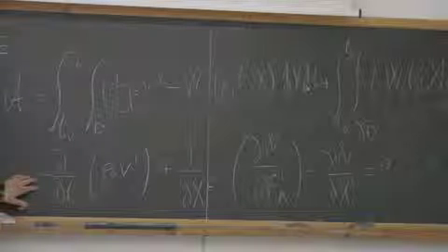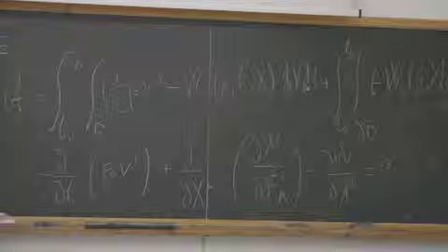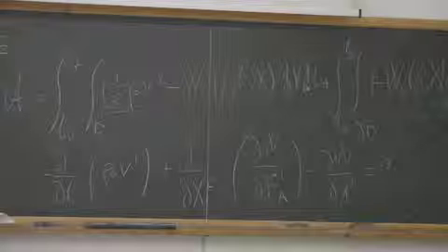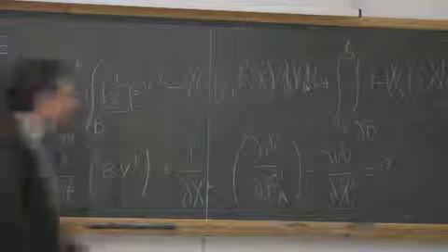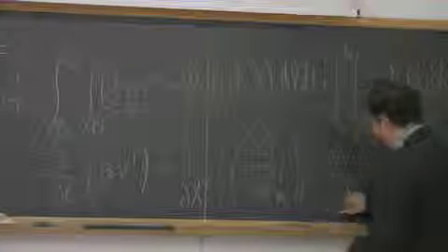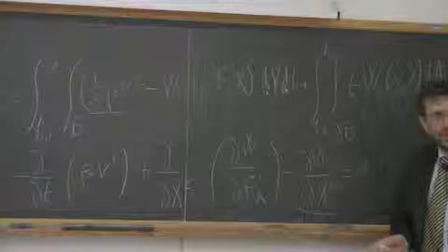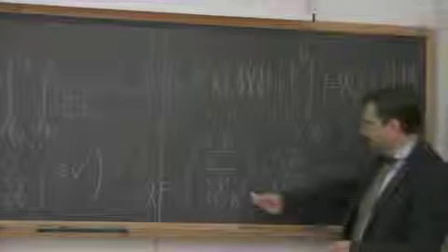This is what is called balance of force or balance of linear momentum in continuum mechanics. This animal is the source of force.